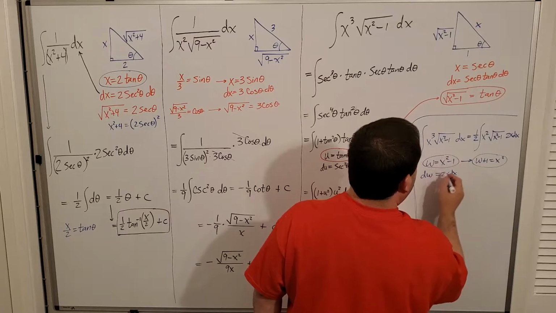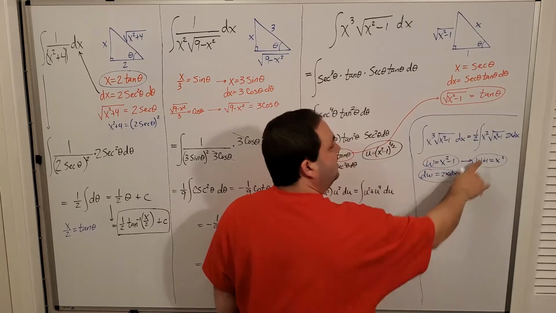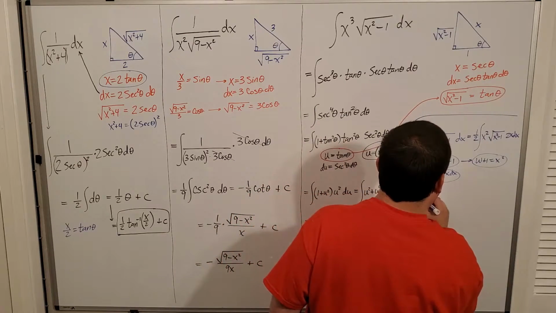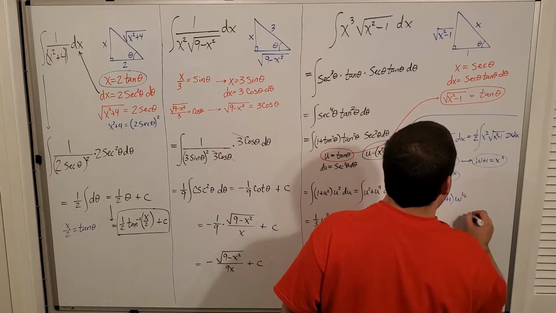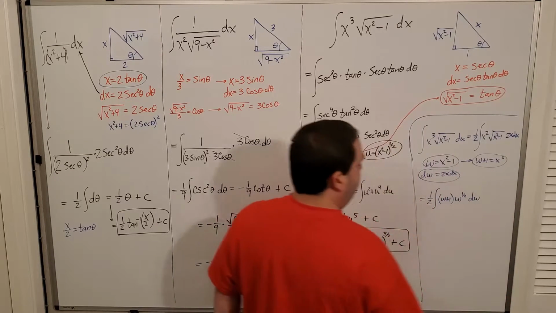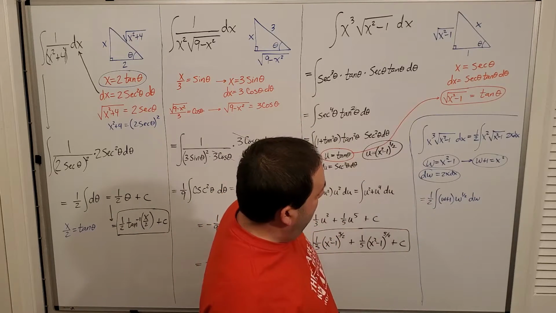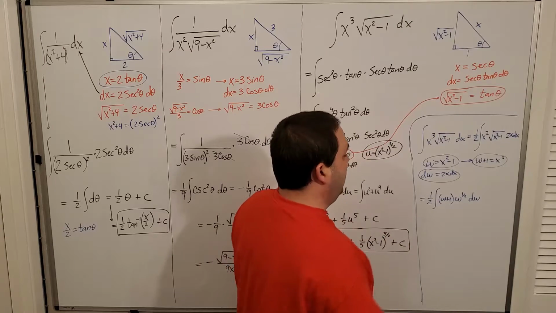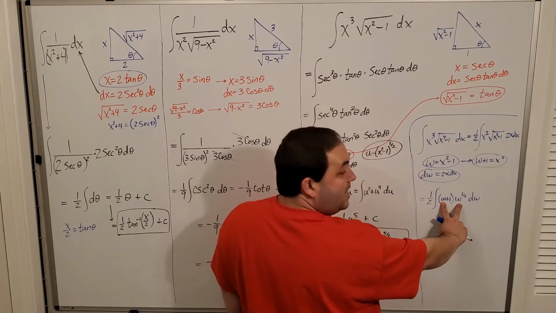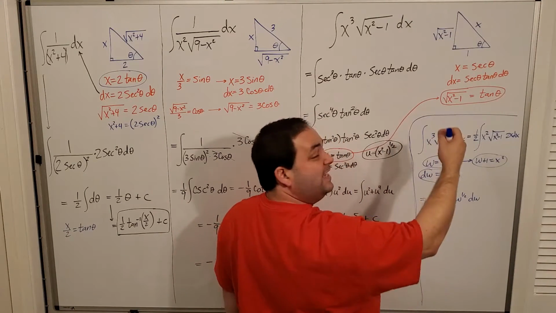So if I substitute all three of these pieces into this integral, what I get is 1/2 times the integral of w plus 1 times w to the 1/2 dw, which, if I distribute the w to the 1/2, you'll notice that I have w to the 3/2, and then I have to integrate that.